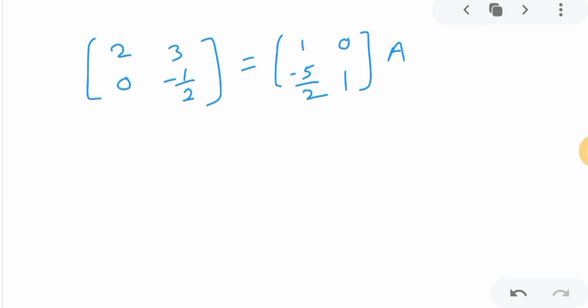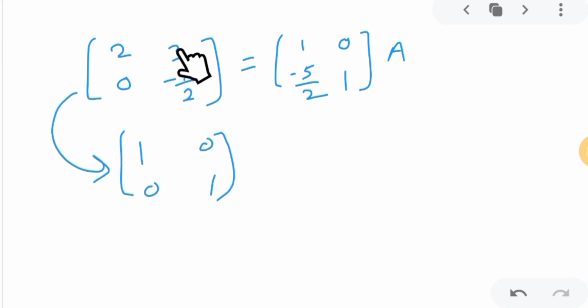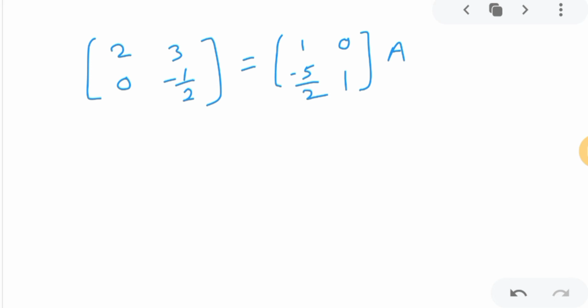Correct. Now this element I got 0, and this element I got 1, because on the left side I want this now. Now I am targeting this 3. The 3 should become 0. How will I make this 3 as 0?